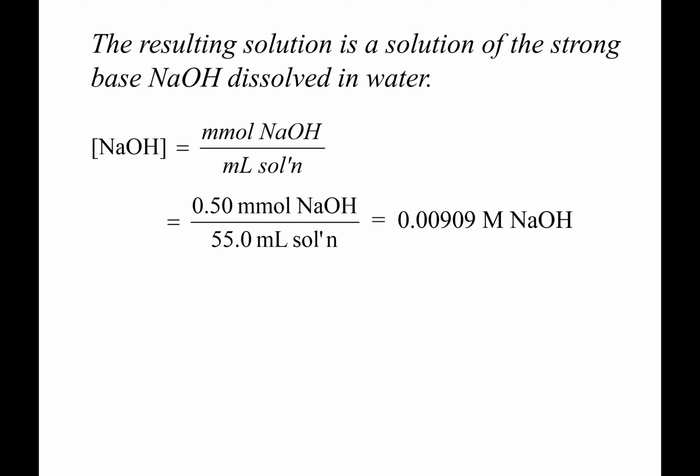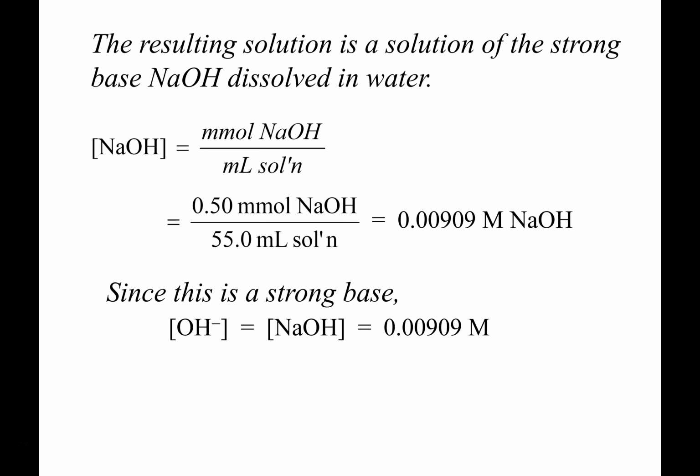So we need to tease out of there the hydroxide ion concentration. And here's where we recognize that that's a strong base. So that means the molar concentration of the hydroxide ion is also 0.00909.